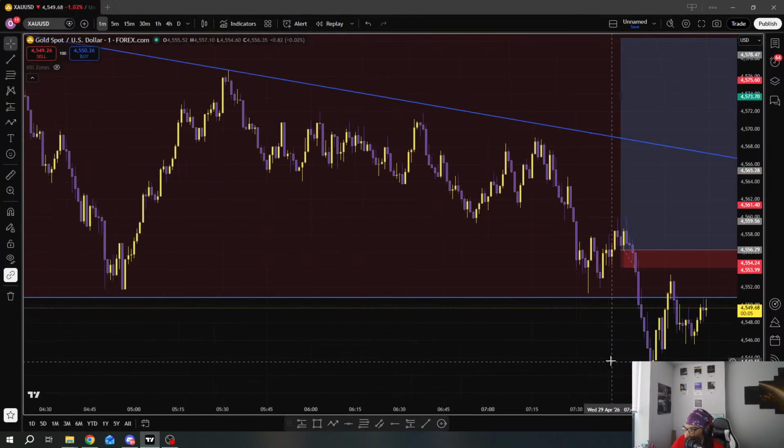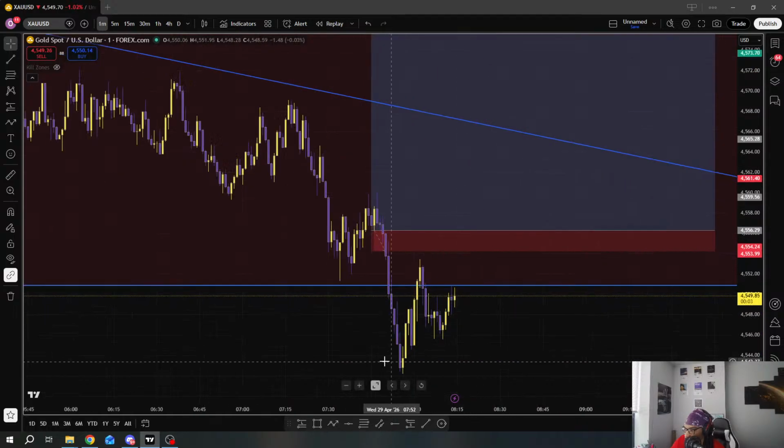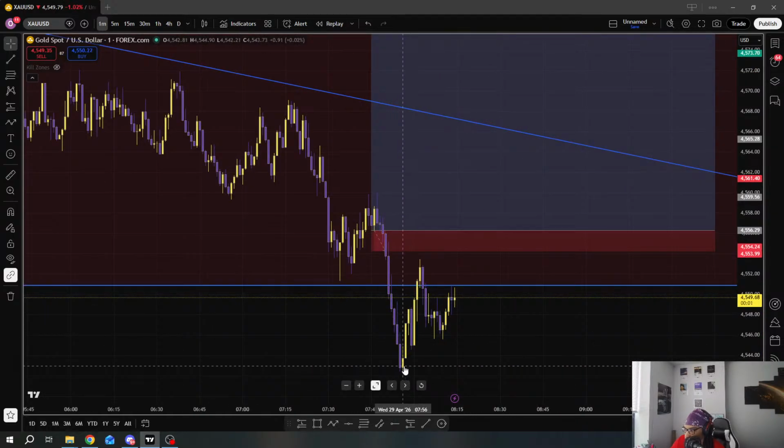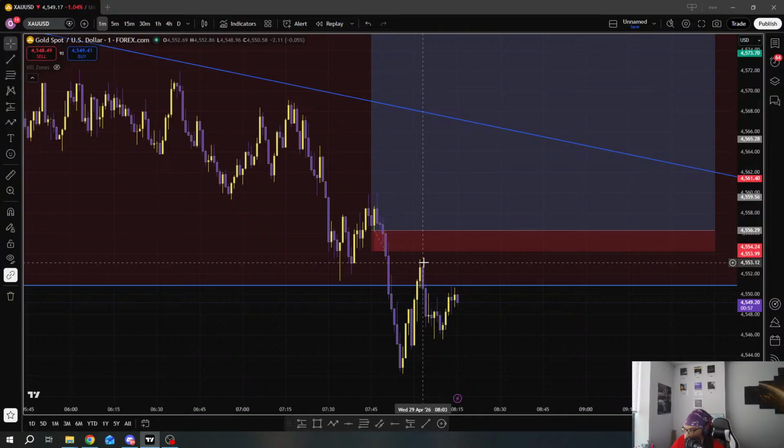Now, somebody could look at this in reverse, right? Somebody could look at this as, this was a low point, and now we have a higher low, a higher high, right? But we can't get that until we break structure. So what structure do we need to break? We need to break this previous line here.